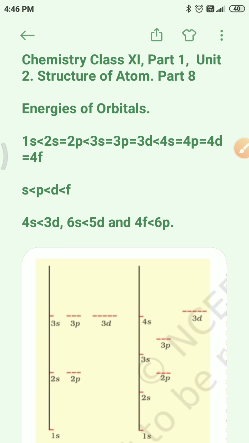Energy of an electron in a hydrogen atom is determined only by the principal quantum number.